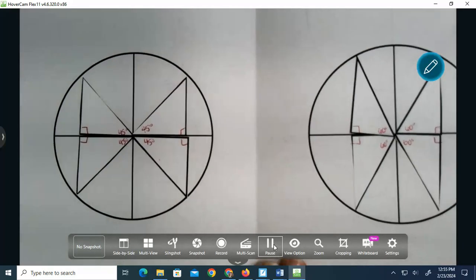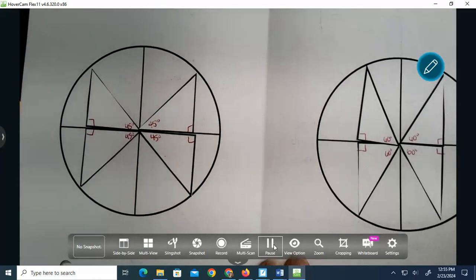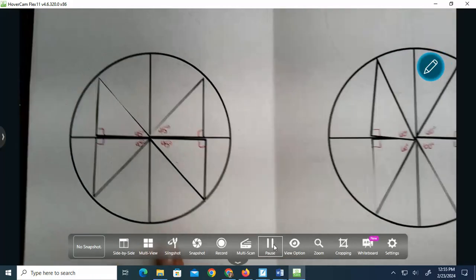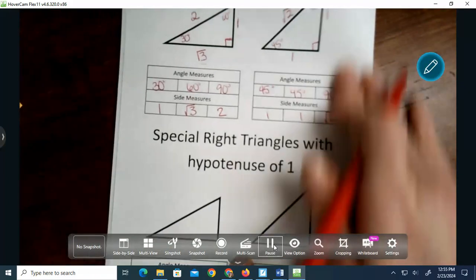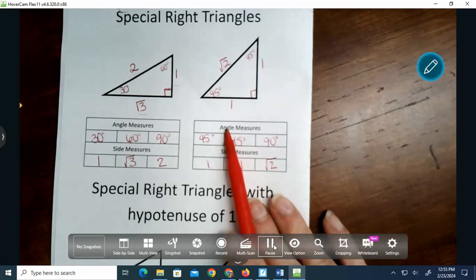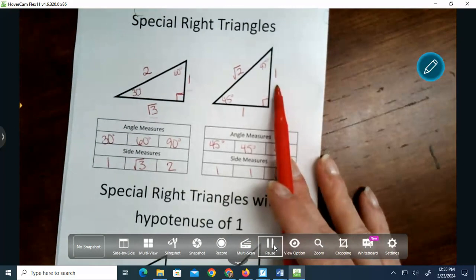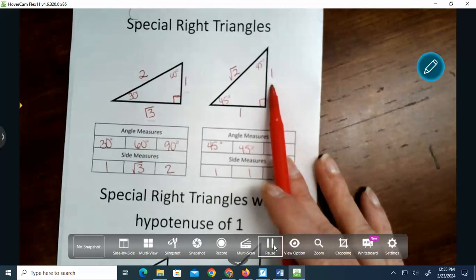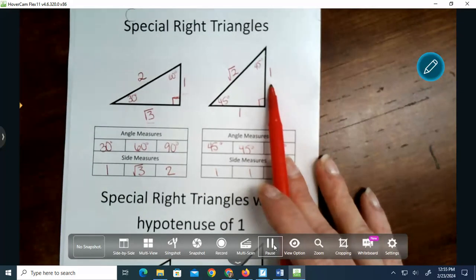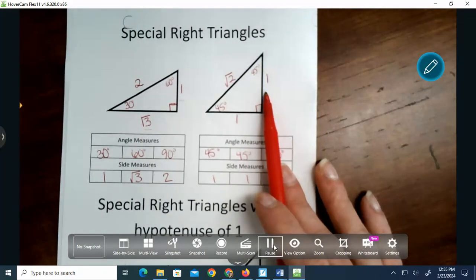Okay, after the lunch. So if we're talking about our 45s, the right triangle we talked about, the sides were 1, 1, square root of 2. But if we are going to put this on a unit circle, the unit circle has a radius of 1.